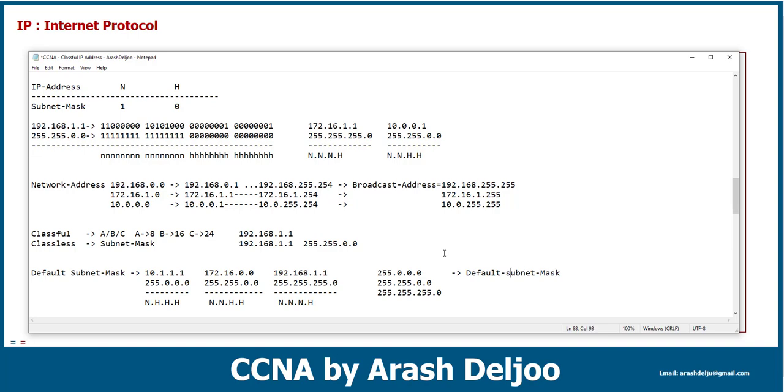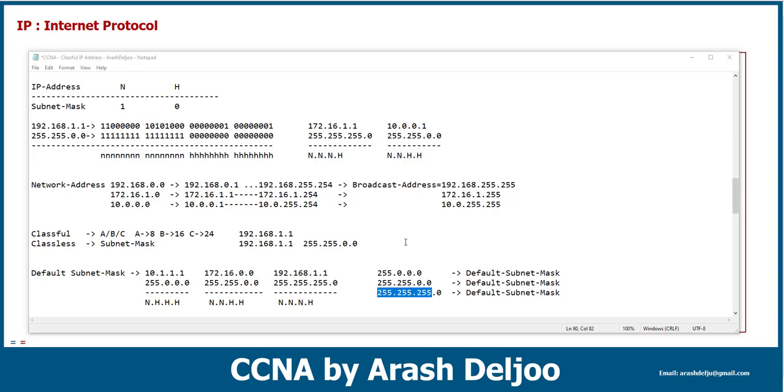In some cases, maybe you will encounter these definitions, but it's good to understand them. Default subnet mask means 8 bits of the IP address are network bits, 16 bits of the IP address are network bits, and 24 bits of the IP address are network bits. This is the default subnet mask.